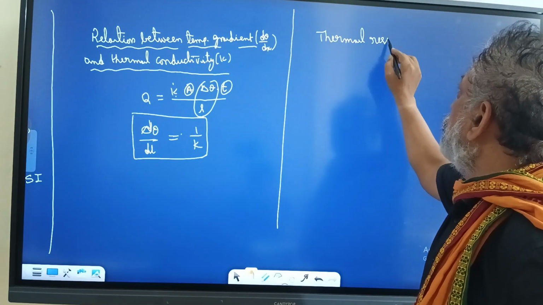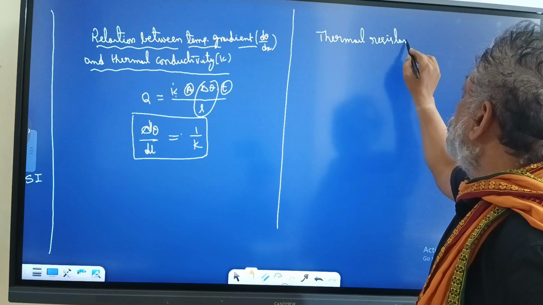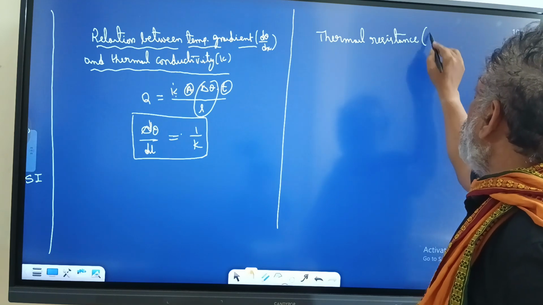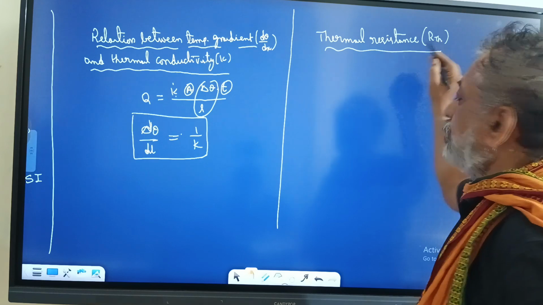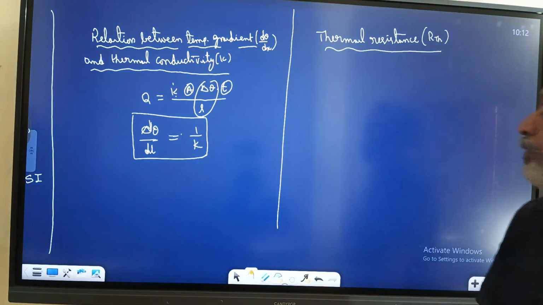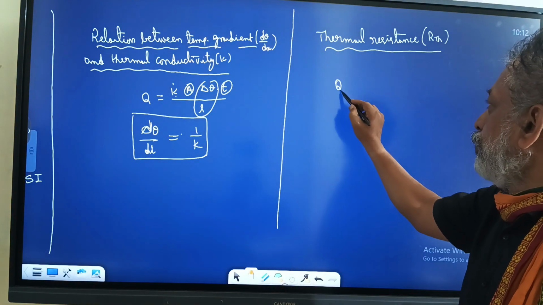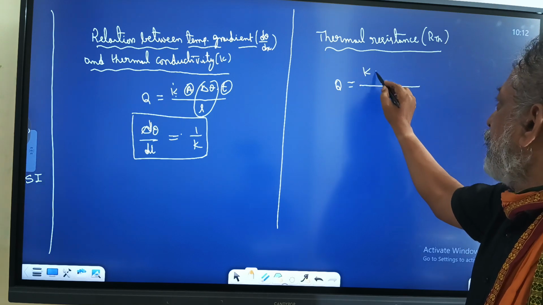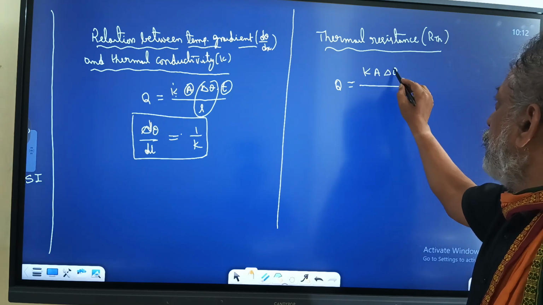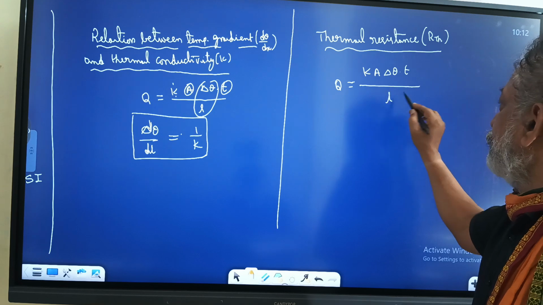Thermal resistance, you can say R TH, thermal. So Q is equal to K A delta theta into t divided by L.